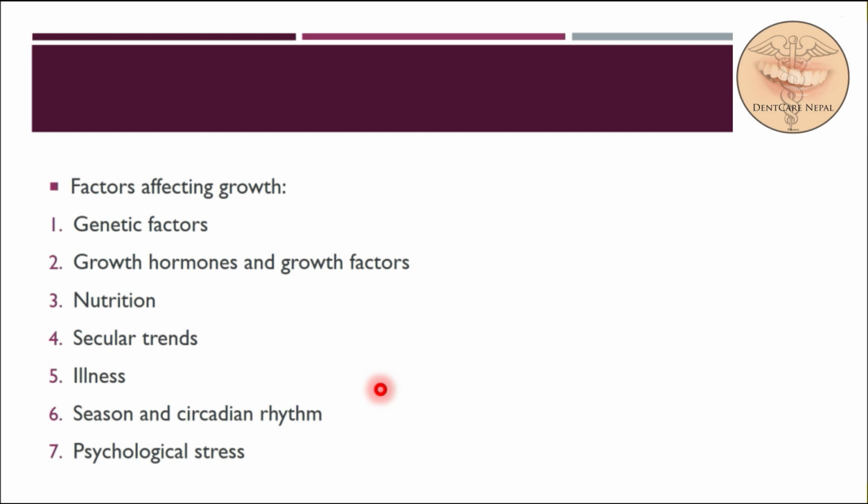Season and circadian rhythm also affect growth. It is noticed that in autumn the growth is more, and at nighttime growth is more compared to the daytime. And psychological stress also affects growth. If the children are experiencing stressful conditions, growth hormone secretion is inhibited, and that will result in markedly retarded growth.